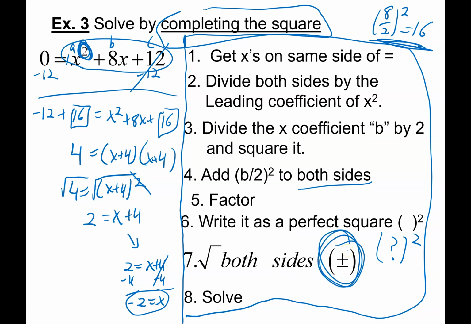Again, maybe you know your quadratic formula, x equals negative b plus or minus the square root of b squared minus 4ac, all over 2a. There's a plus or minus in front. That's so that you do get the 2 answers. So I write it either as 2 equals x plus 4 or negative 2 equals x plus 4.